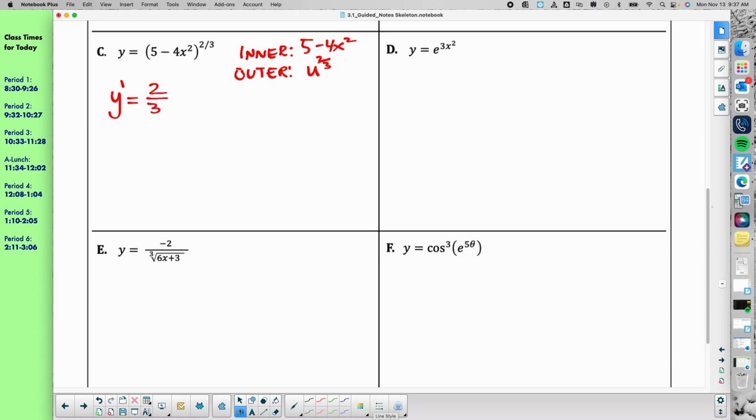And then instead of writing a u, I'll put the original information. And then times the derivative of the inner, 0 minus 8x, negative 8x. And then we simplify if we can.